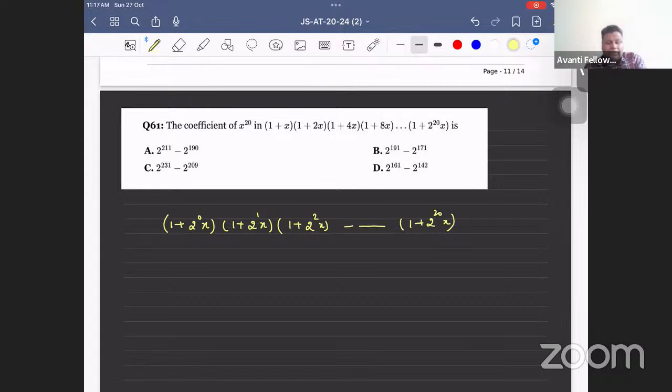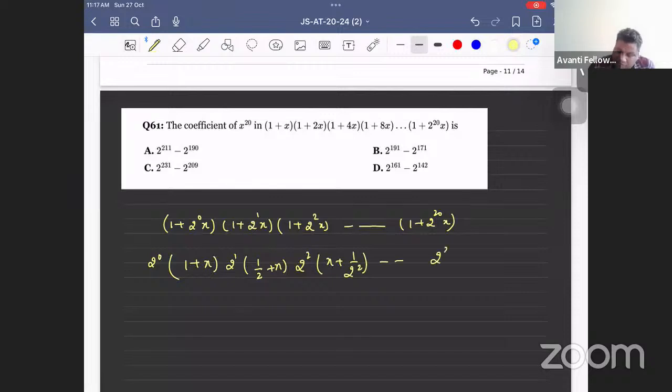So this is how it is. 1 plus 2 to the power 0 into x, 1 plus 2 to the power 1 into x, 1 plus 2 to the power 2 into x, up to 1 plus 2 to the power 20 into x. Correct? Now, take 2 to the power 0 common. So you get 1 plus x as it is. Then you take 2 to the power 1 common. You get 1 by 2 plus x. Then you take 2 to the power 2 common. That is x plus 1 upon 2 square.